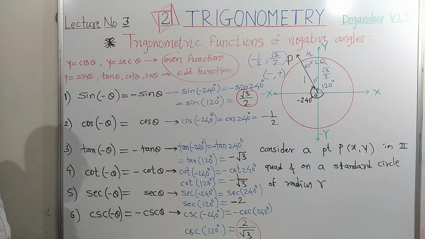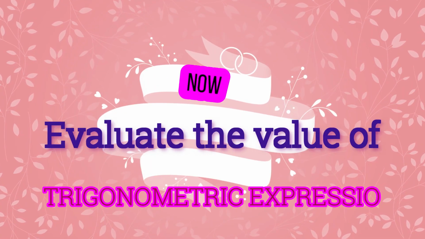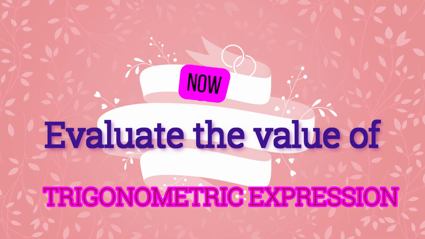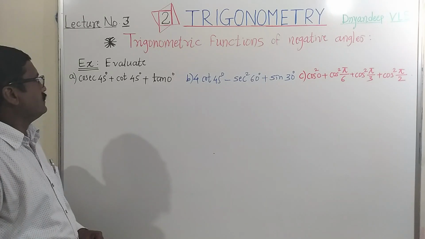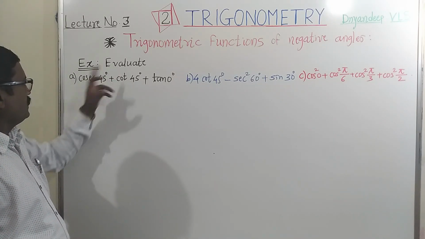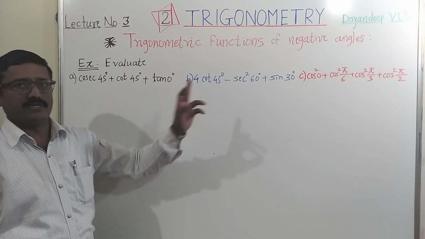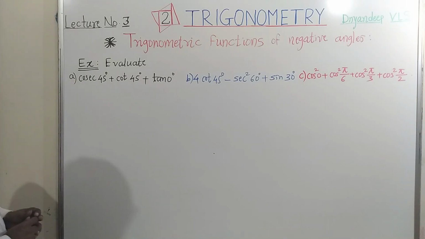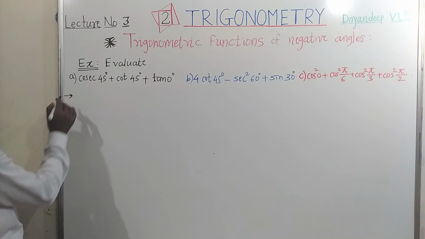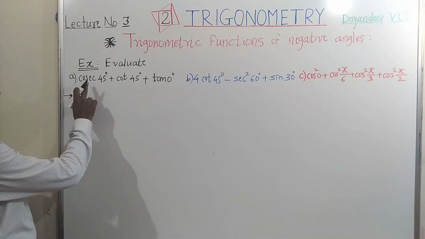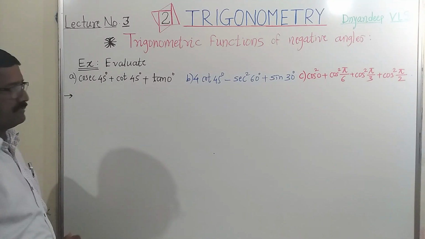Okay, let us see one different type of example here. Let us see one example of evaluating the values of trigonometric expressions. We have these three trigonometric expressions. Let us see the first one, A. Here in this first expression, cosec, cot and tan are given.